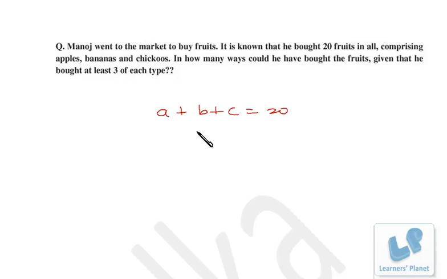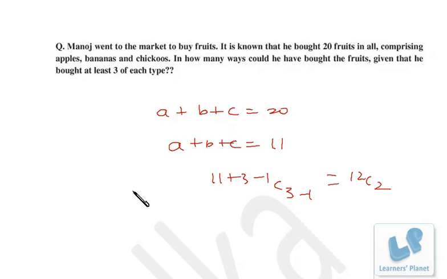We just select, and now we are left with A plus B plus C as 11, right? 20 minus 9, 3A, 3B and 3C, right? Now we have to find out the non-negative integral solution of this equation. So 11 plus 3 minus 1, C 3 minus 1. So that's 12C2.